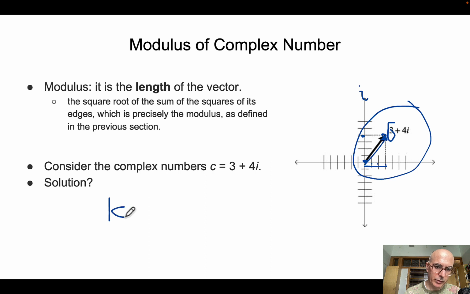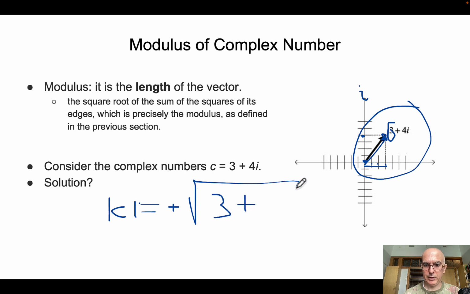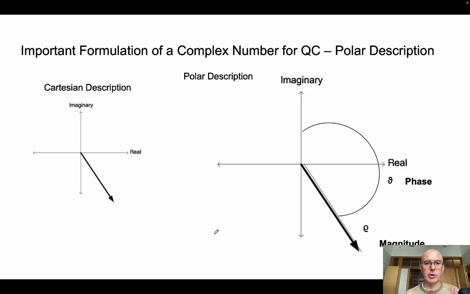In the previous lecture we saw that the modulus of c is a positive number, the square root of 3 squared plus 4 squared, and this is equal to 5. That is a simple calculation.